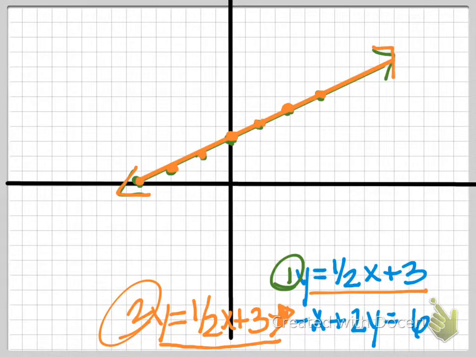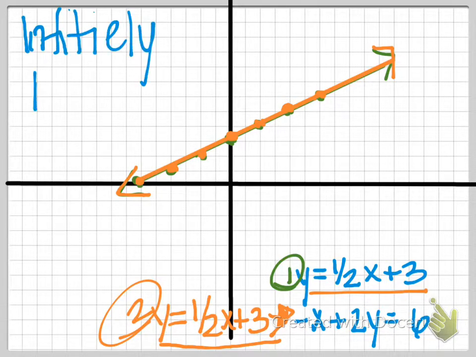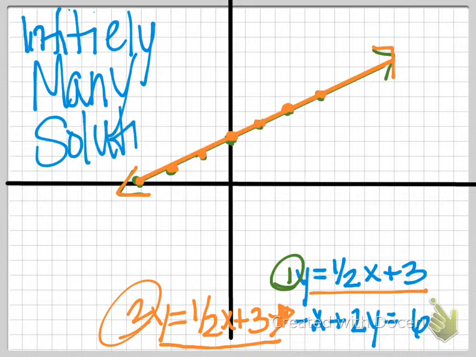This means, obviously, it's not no solution because this line is intersecting over and over and over and over because it's laying on top of itself. So instead of being no solution, we call this infinitely many solutions. Because it's touching itself over and over and over again. It's infinite. It's touching itself infinitely many times.